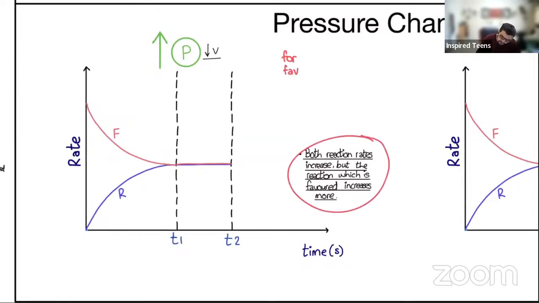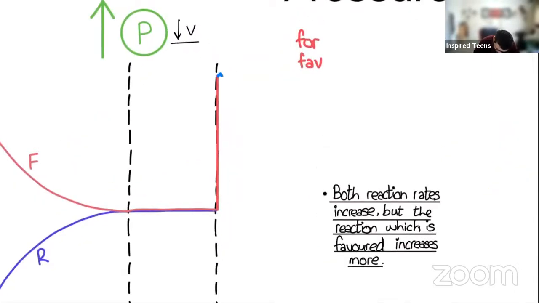Both reaction rates increase, but the forward increases more compared to the reverse, because it is favored. Then they meet again to re-establish equilibrium.